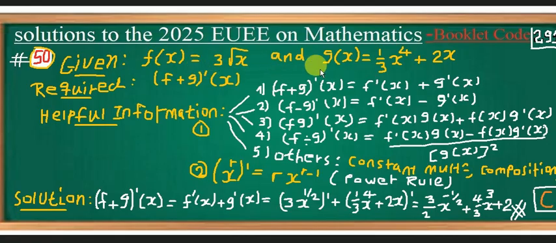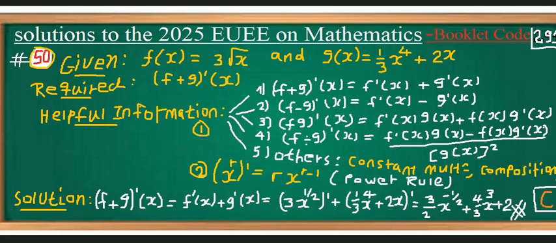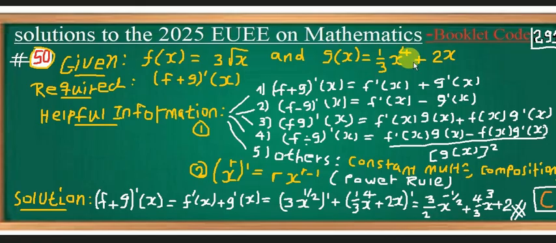We are given two functions. The first function is 3 times square root of x. The second function is g of x equal to 1 over 3 times x raised to 4 plus 2x. Let us check that. Double check. Okay, very good.